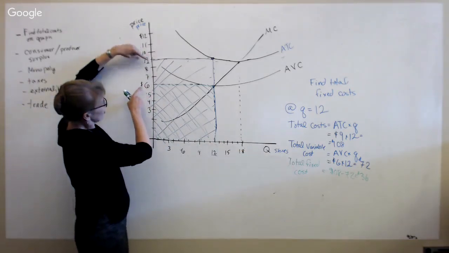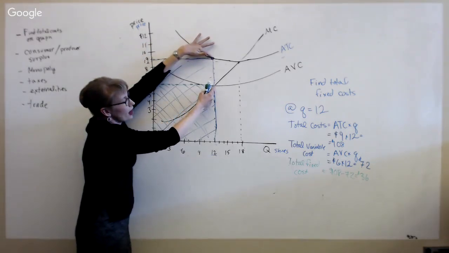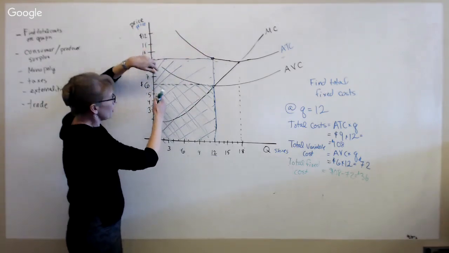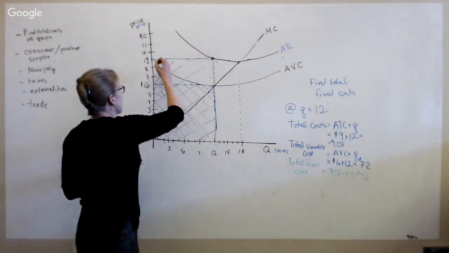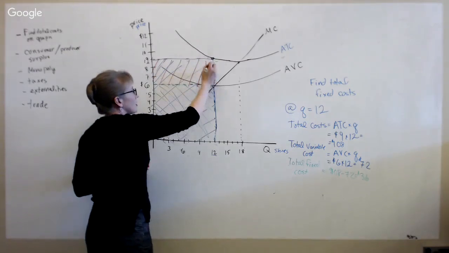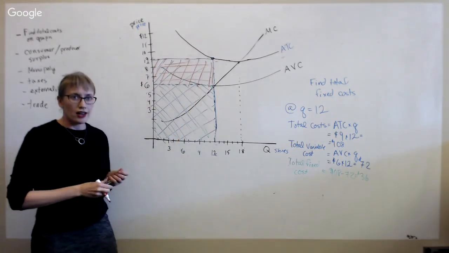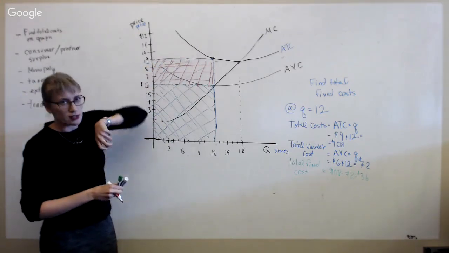So if we look at the difference between our average total cost and our average variable cost, that represents average fixed cost multiplied by the quantity. Represent it as this red shaded area here. Total costs are the sum of total variable costs and total fixed costs.